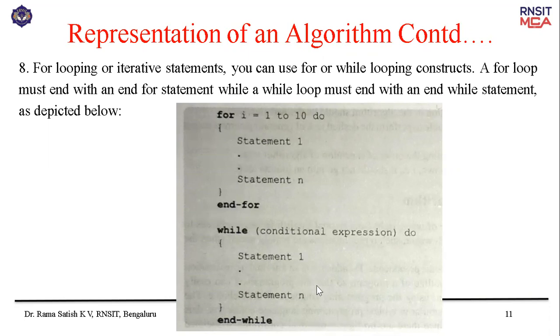Same way with the while condition also. And you should use while condition, do, and for condition, do. Do is a special keyword that you should have along with this in algorithms, pseudocodes.